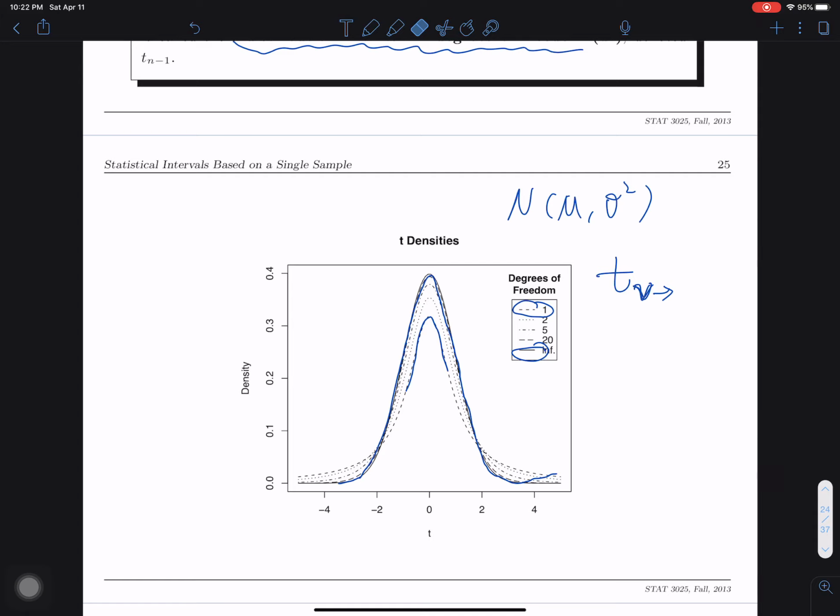And when your degrees of freedom is very small, say you only have 1 degree of freedom, then your t density is shorter, which means that your density will be spread out more.